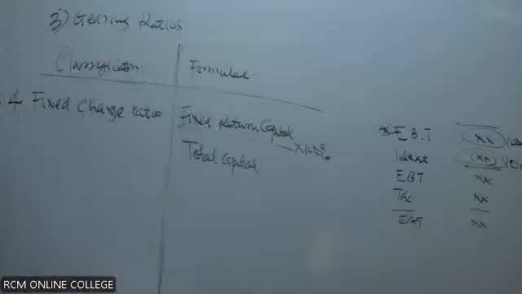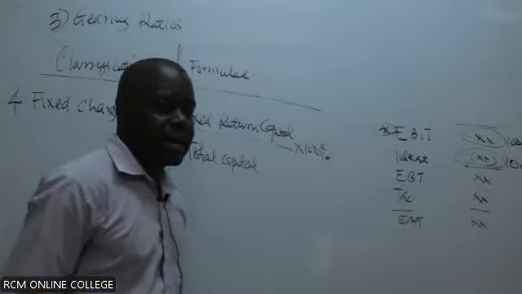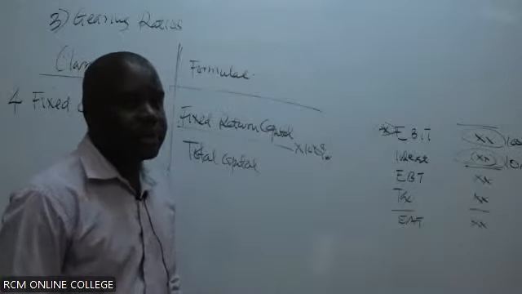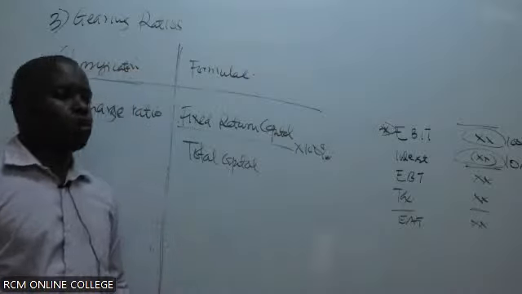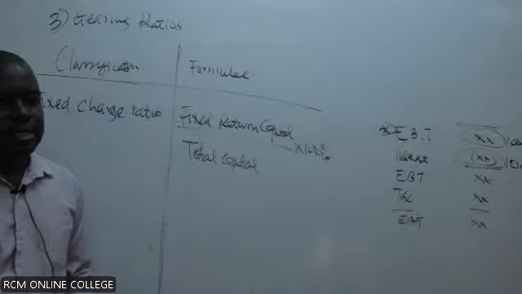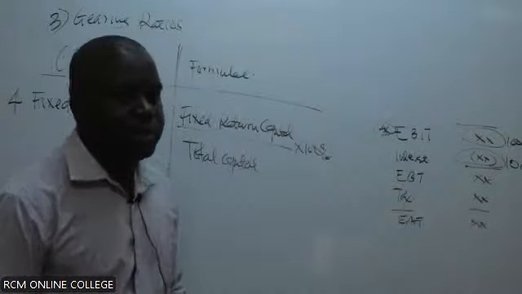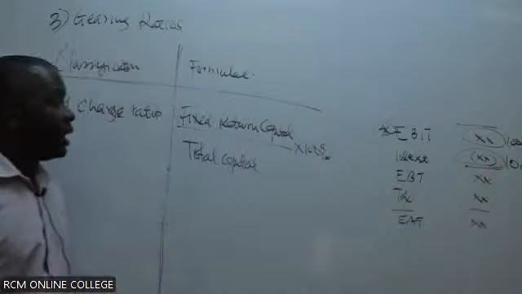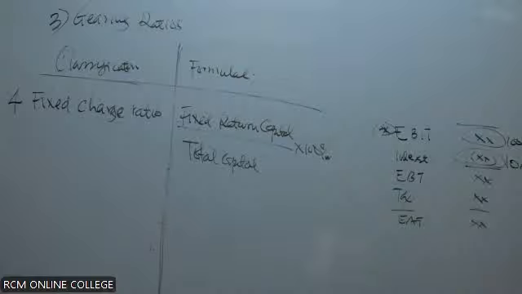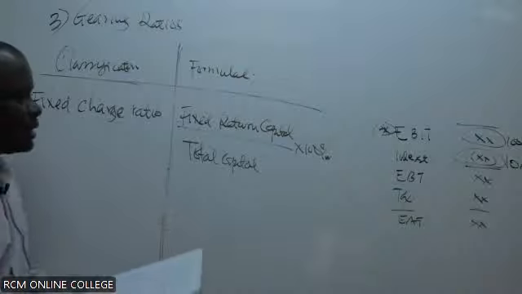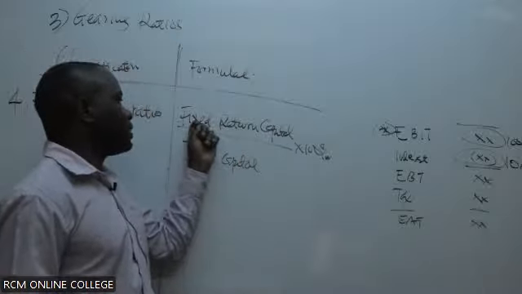When you talk about fixed return capital, it is the capital you've raised that has a fixed return. For example, preference share capital can have a fixed return, whereby the dividends paid on this kind of capital will be very fixed.